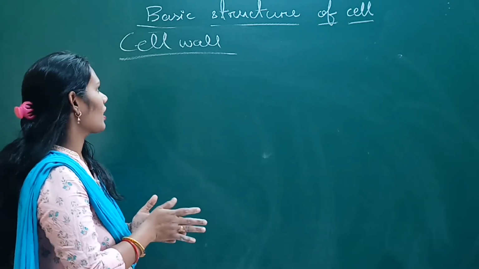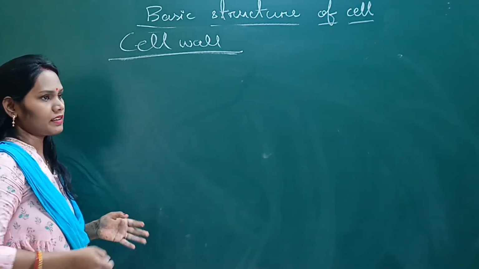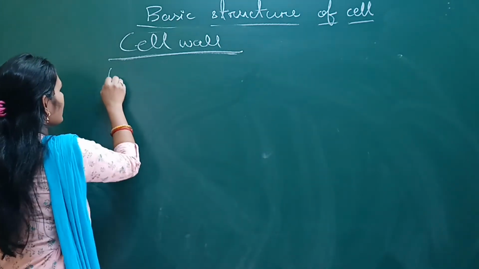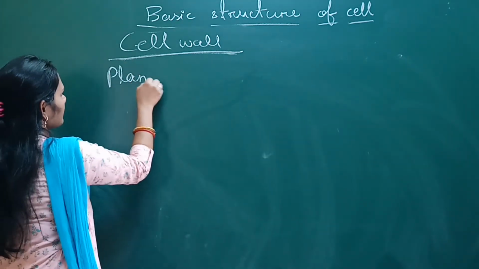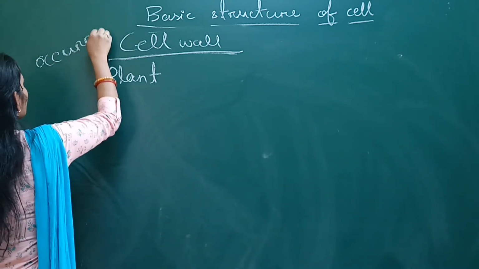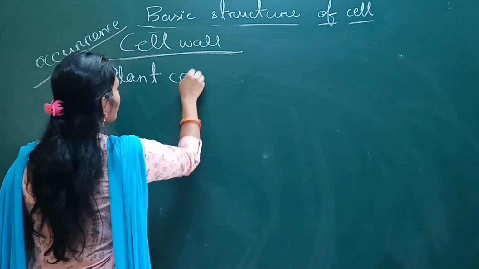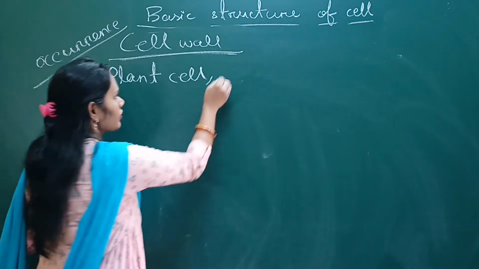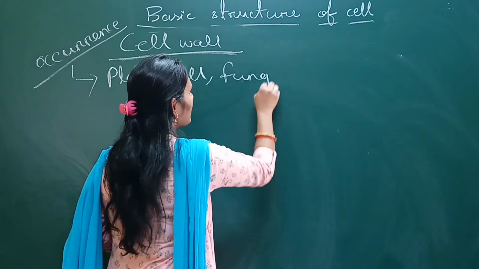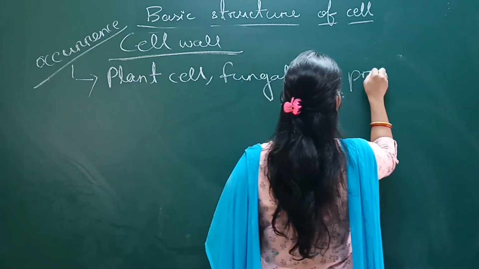So next come to another structure, the cell wall, which I already said is present only in plant cells. If we discuss its occurrence, it is present only in plant cells as well as some fungal cells as well as some prokaryotic cells.